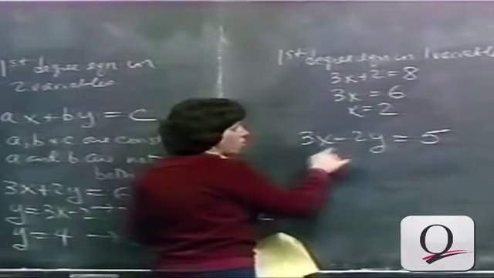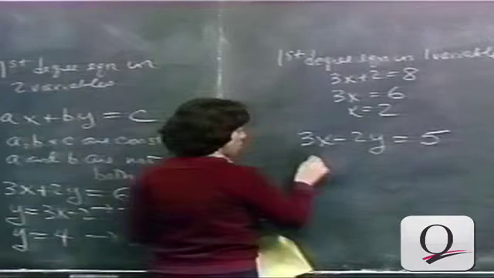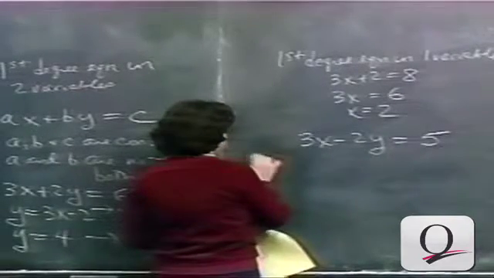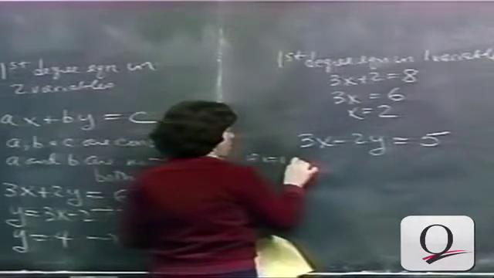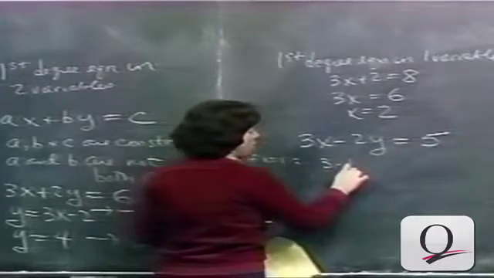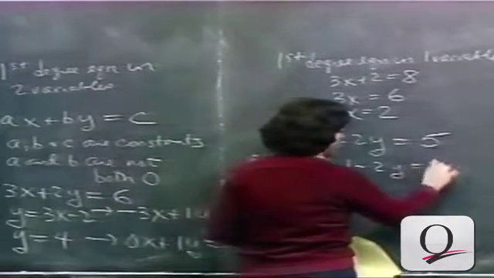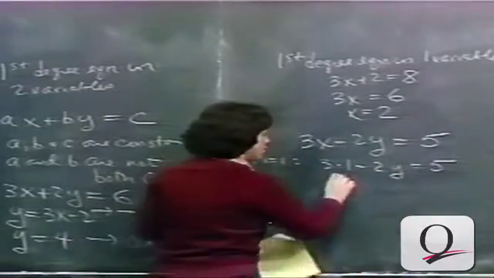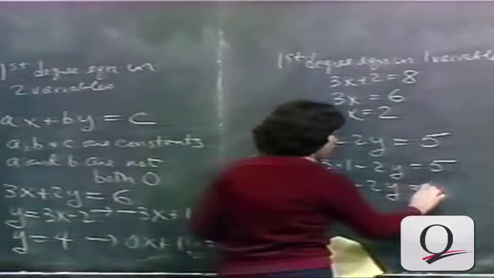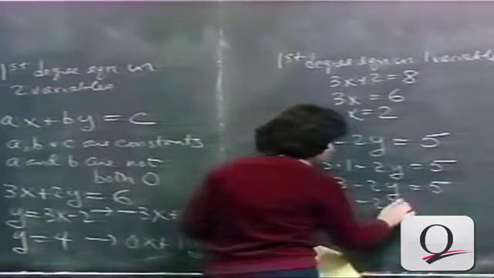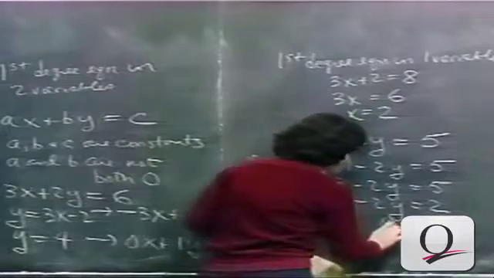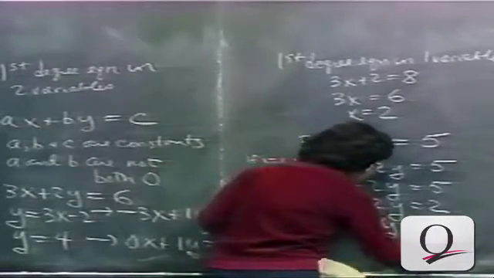Let's let x equal 1 and see what happens. If x equals 1, we get 3 times 1 minus 2 times y equals 5. 3 minus 2y equals 5. Minus 2y equals 2. Y equals minus 1.